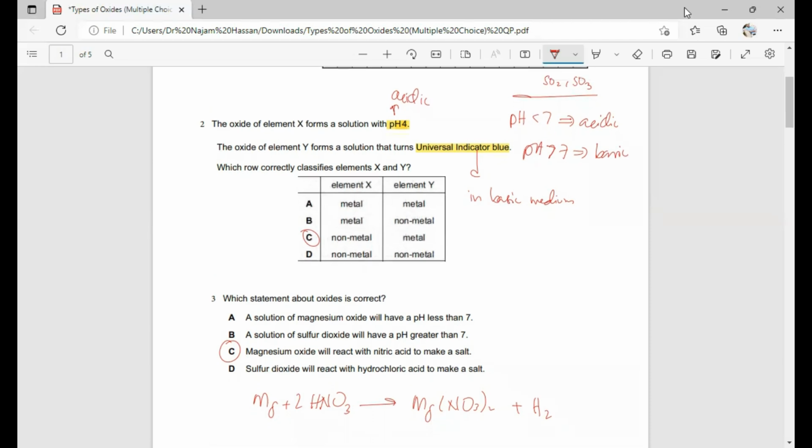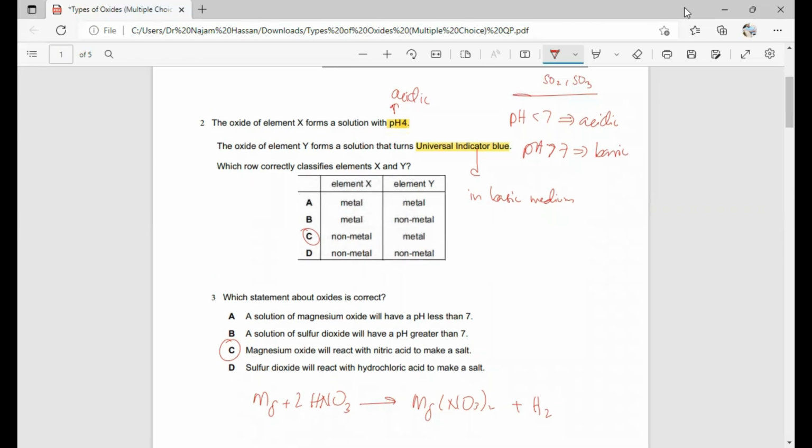So I'm writing the equation: magnesium oxide reacts with HNO3, we get the salt Mg(NO3)2 plus H2O. So this is the way to make a salt, right? In this question asking about magnesium oxide, the answer becomes C.